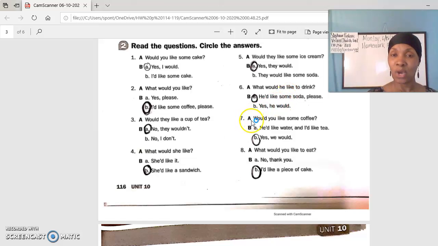Number 7, would you like some coffee? Yes, we would. And then number 8, what would you like to eat? Now you notice when they ask you what would you like, you're not saying yes or no because you've got to answer with the thing that you want. So number 8, what would you like to eat? I'd like a piece of cake. You're telling them what you want.